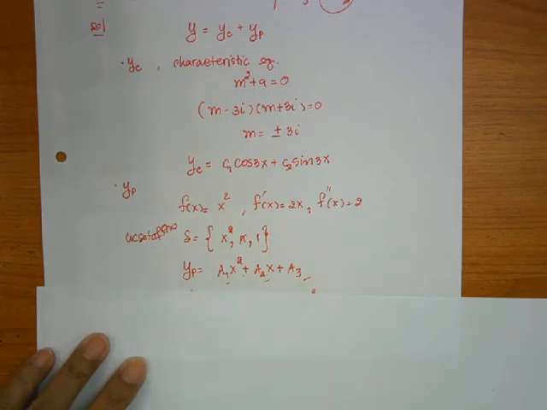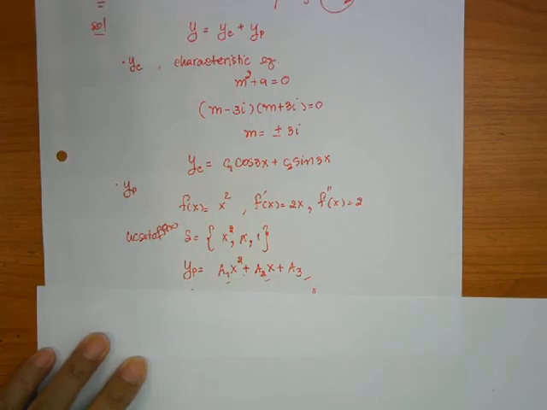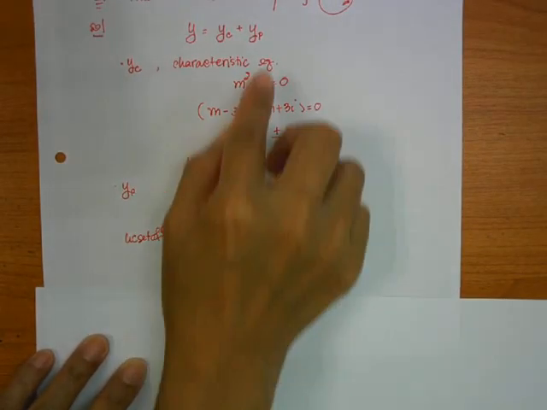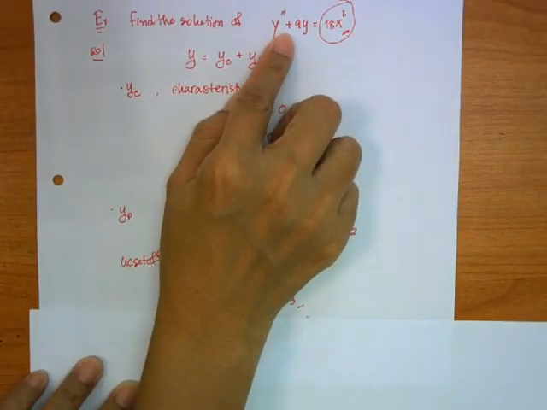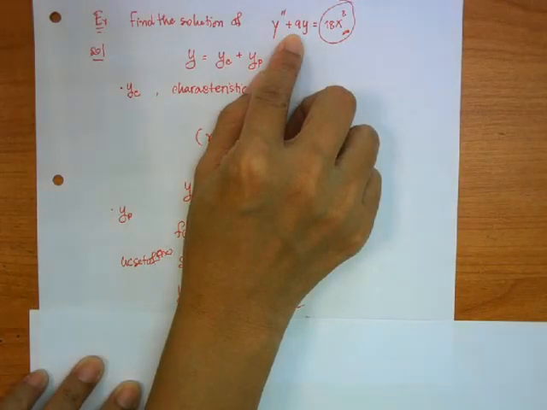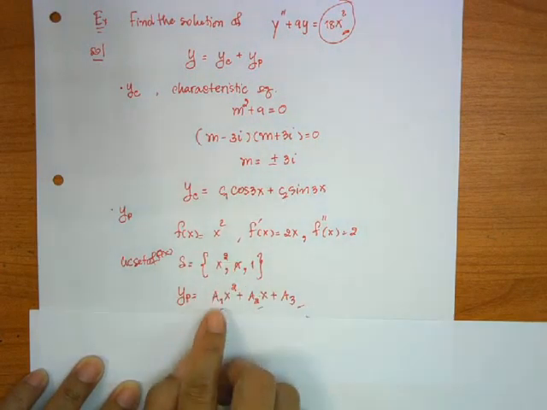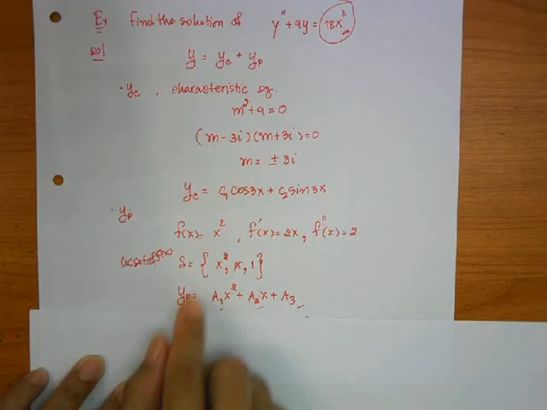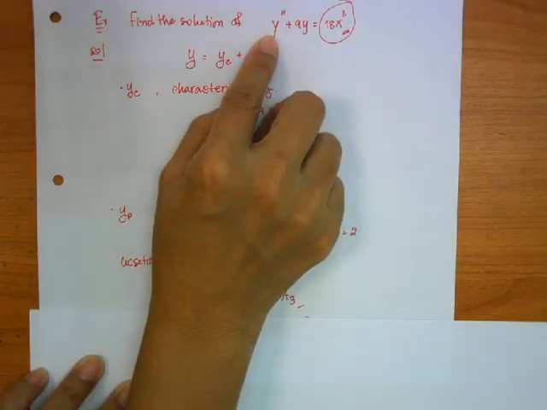So the next step is to find a1, a2, and a3. The way to do that is this: because you know that your yp is the solution of your differential equation, we are going to put yp back into our differential equation. To do that, you have to take the derivative of yp how many times? Two times, because you have a second derivative of y here.